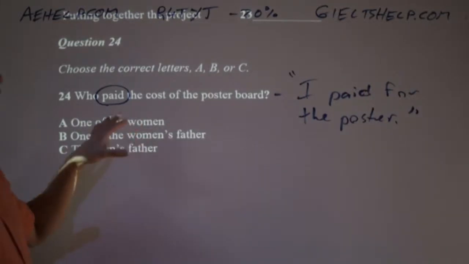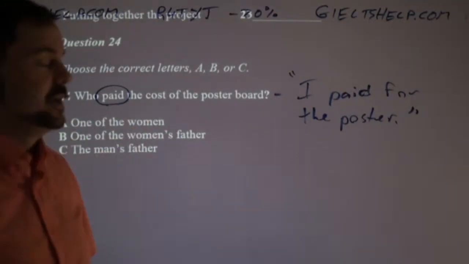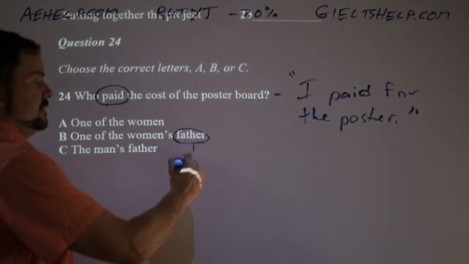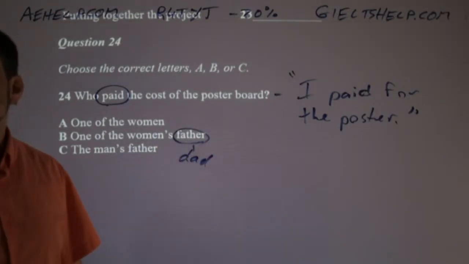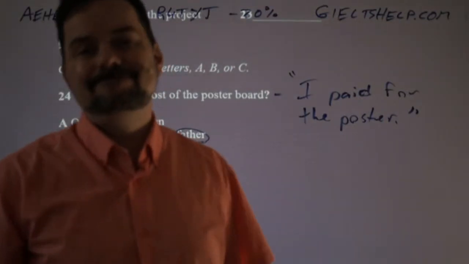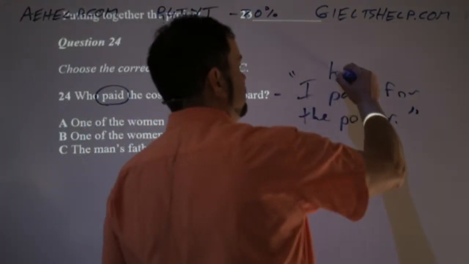So again, don't focus on the choices so much, because these are often paraphrased and can be fairly tricky if you're trying to focus here and think that it's going to kind of pop out at you. They're not going to pop out at you because they're using lots of paraphrasing and inferred information. I think here they say, my dad. So instead of paid, Vlad says invest. Maybe. Yeah, Natalie says bought. Yeah, probably something like that.